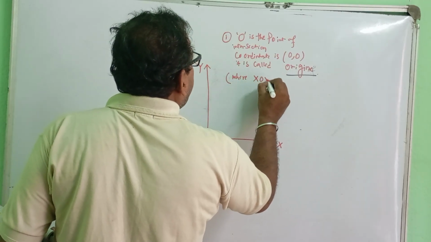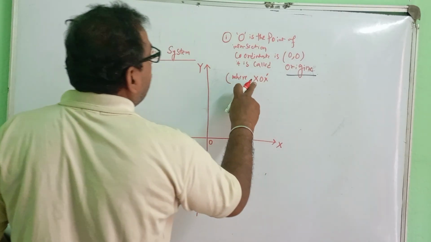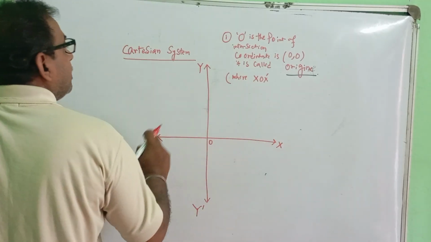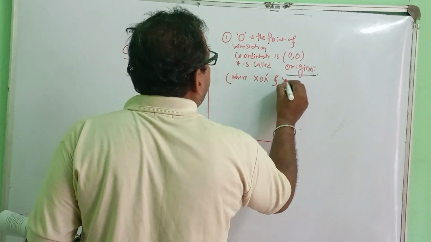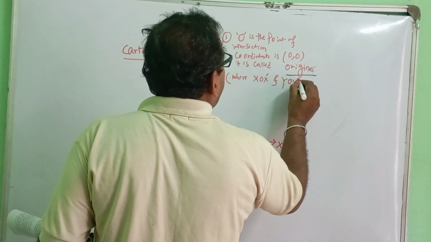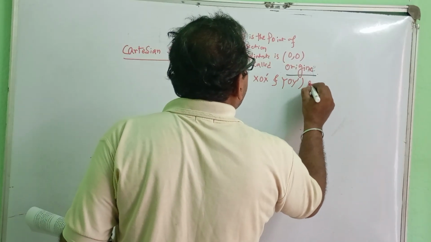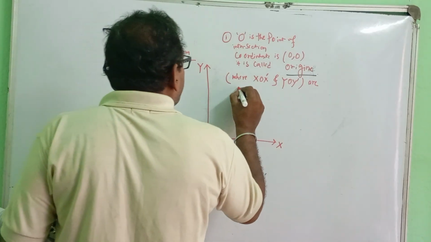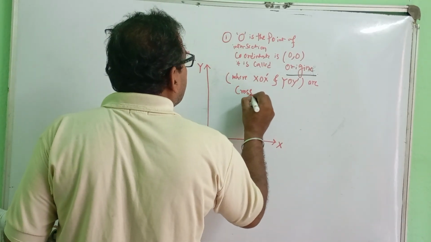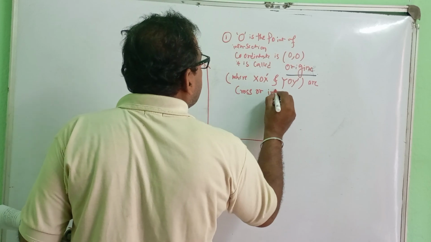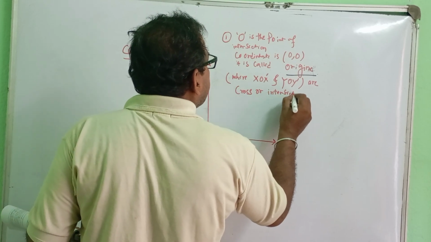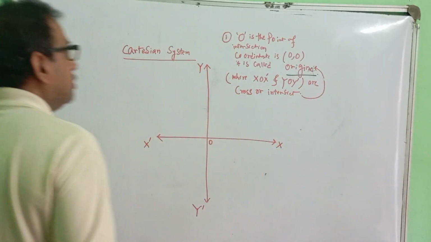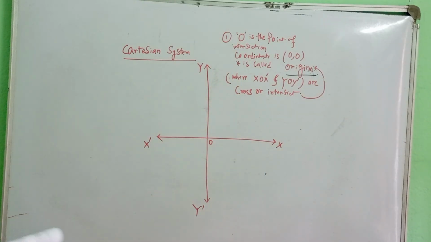Where X O X dash and Y O Y dash cross, or intersect, is called the origin. Have you understood the origin?